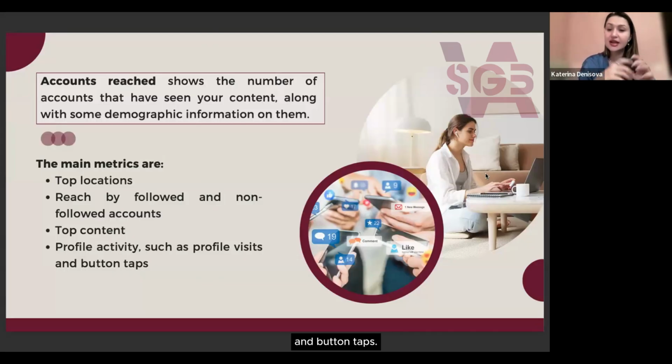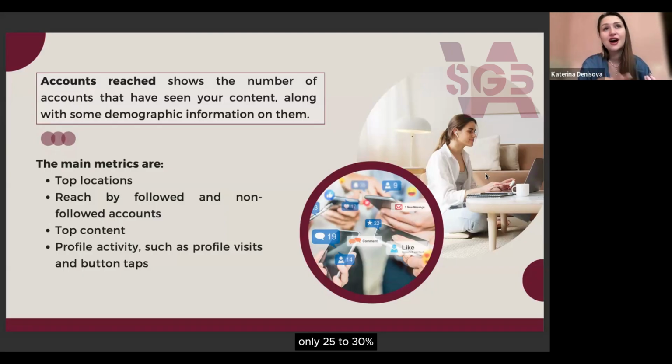I don't know if you have seen Instagram like 7 years ago, but 7 years ago, when you had 100 followers and you posted a post, all these 100 followers saw your post. It was 100% reach. But a couple of years ago, Instagram changed the metrics, and now, even though you have 100 followers, when you publish your post, not all of them see it.